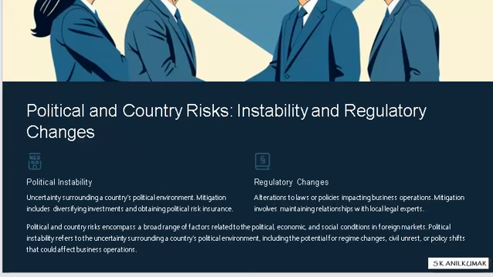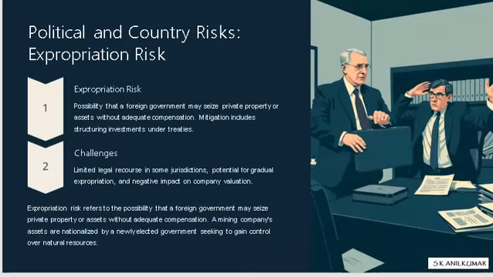What are the regulatory changes that come in? Regulatory changes are alterations to the law or regulation, or changes in the tariff, or introduction of new free trade agreements, or other barriers to trade. For example, if there is a pharmaceutical company that is expanding into a new market, then you expect an unexpected change that the drug approval process has been abruptly changed and then you are not able to launch, then it will increase your cost and you would have already incurred the cost, then that cost can never be recovered.